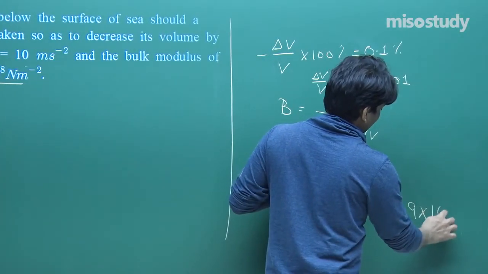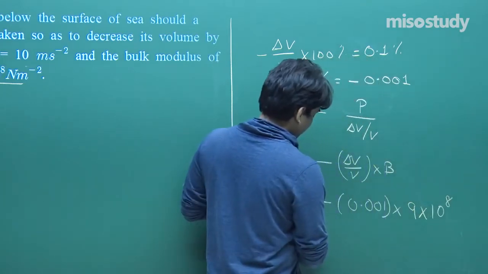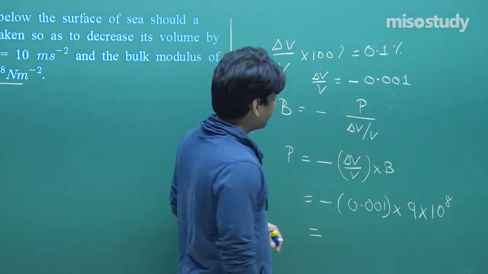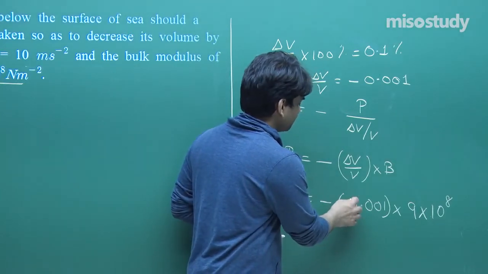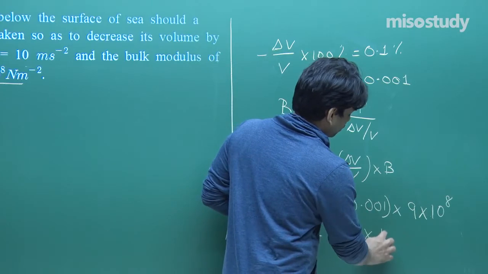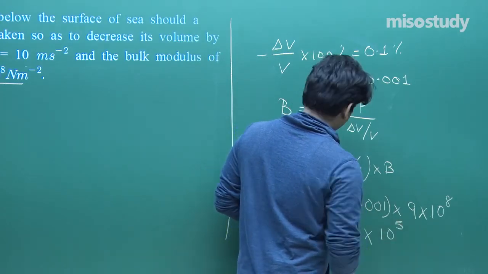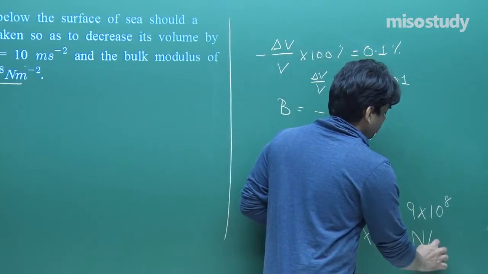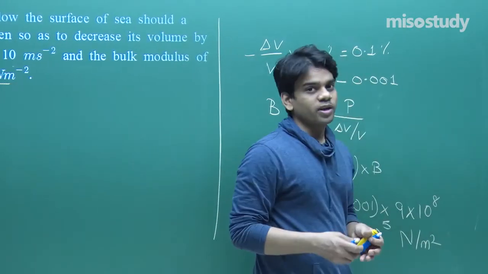Again this delta V by V is also negative, so let me use the minus sign here. Clearly this will come out to be 9 into 10 to power 5 as the value of pressure, in Newton per square meter. That is what we have obtained.